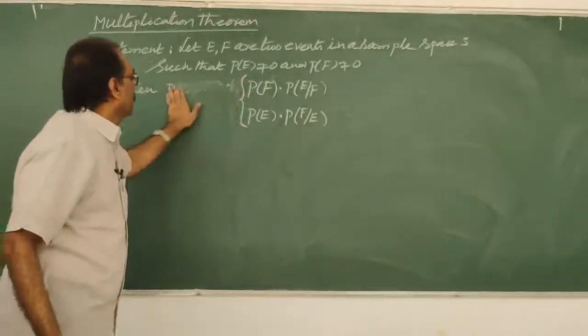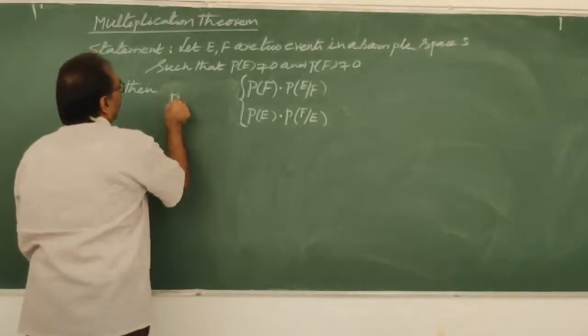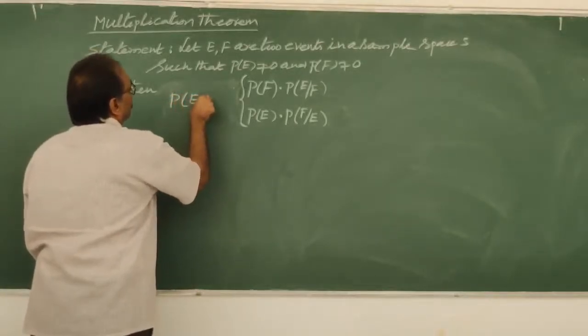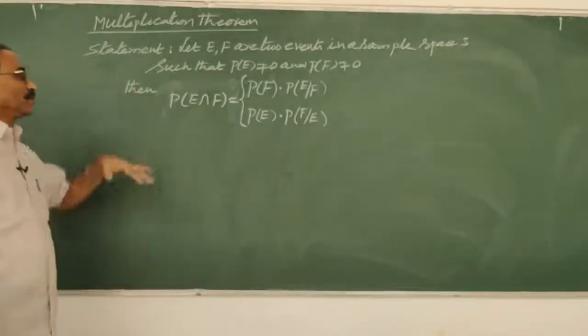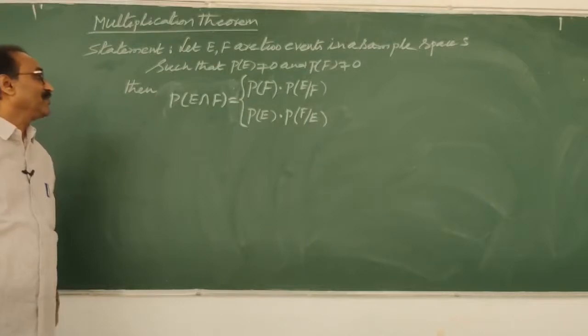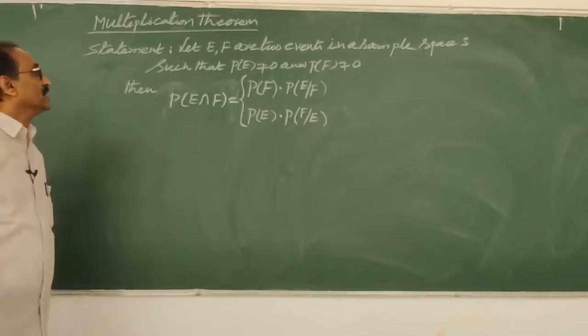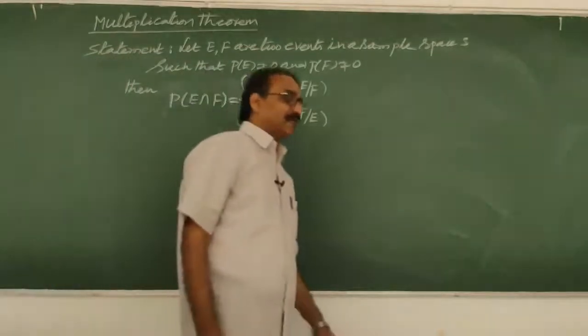Then P of E intersection F is equal to P of F into P of E given F, and P of E into P of F given E. That is called the statement, which is based on conditional probability.